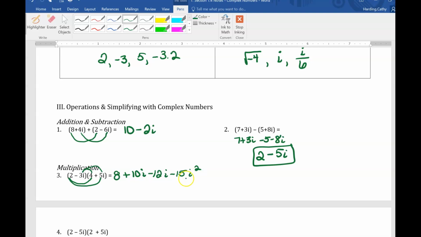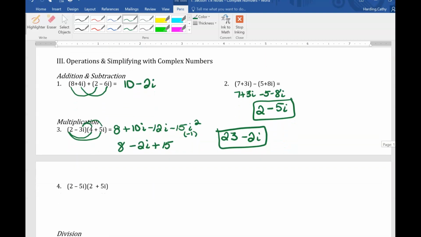Keeping in mind that i squared is actually negative 1, then I'm looking at 8. I'm going to combine these two imaginary numbers here. And this is actually plus 15. So the answer here is 23, that's the real part of the answer, minus 2i, which is the imaginary part.